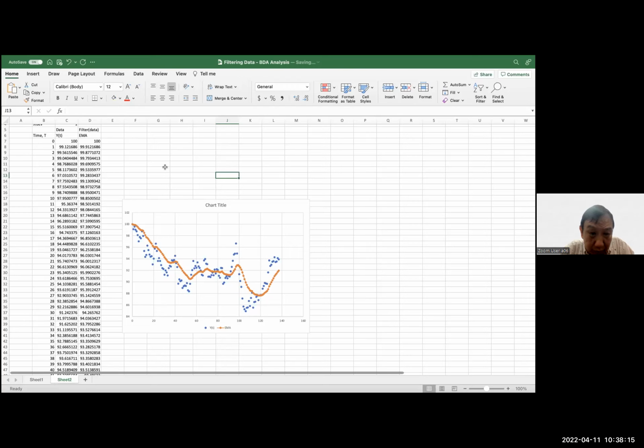So you can see your filtering work actually. Okay, from the data that you have, you get a pattern that is close to your data, isn't it? Yes, sir. This is very nice.